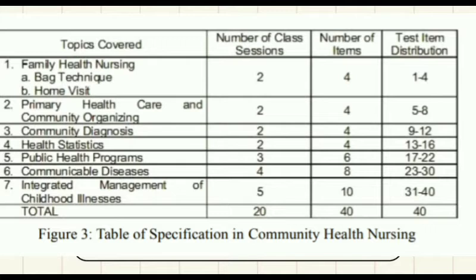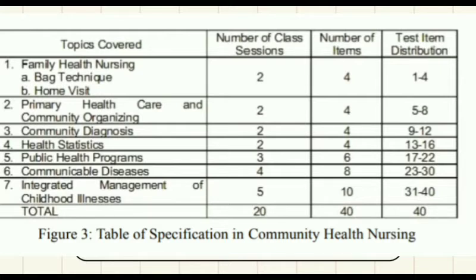So, the teacher decided to make a 40-item test to determine the number of items for the first topic. The teacher gets 10% of the total number of items. Since 10% of 40 is 4, the first topic is distributed to test items 1 to 4.